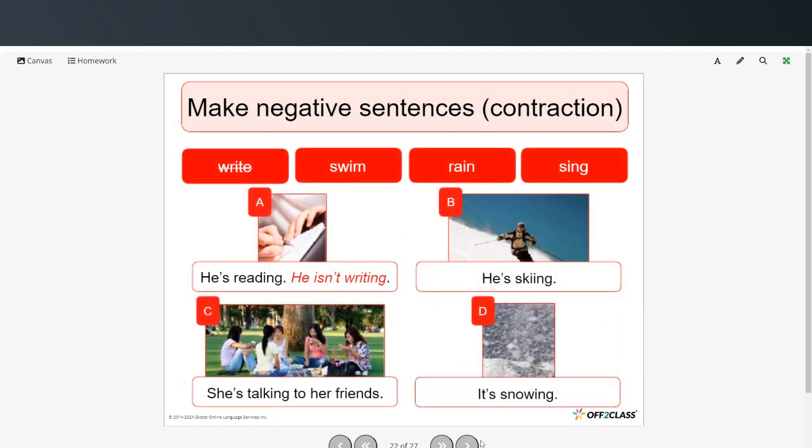Right, now make some negative sentences and use contractions. Again, you can try this on your own and then restart when you're ready to check your answers. So he's skiing. He's not skiing. Or he's not swimming, or he isn't swimming.